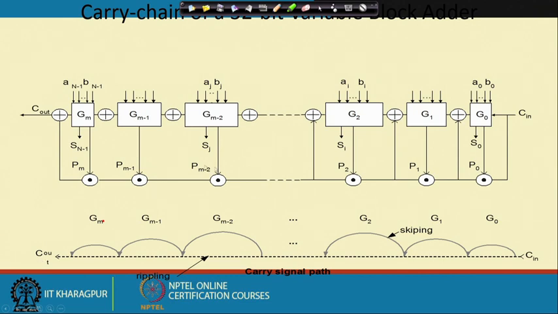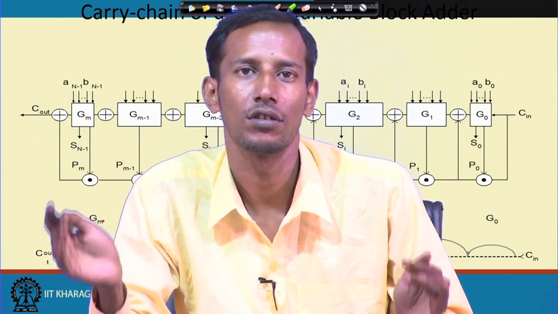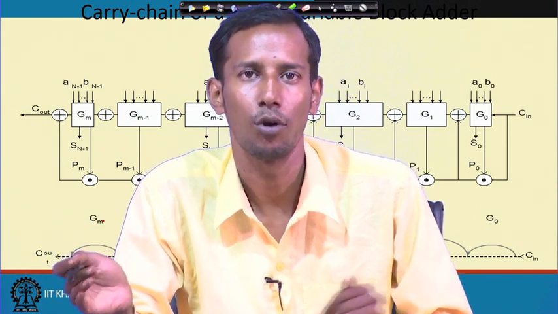So, the difference between this earlier architecture and this architecture is that there we were considering k fixed for each grouping, but here the grouping is done considering variable k, where the middle position is considered more and the LSB and MSB positions are considered as low as possible.